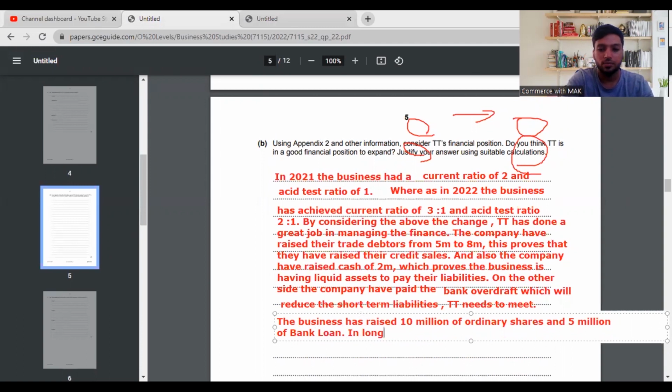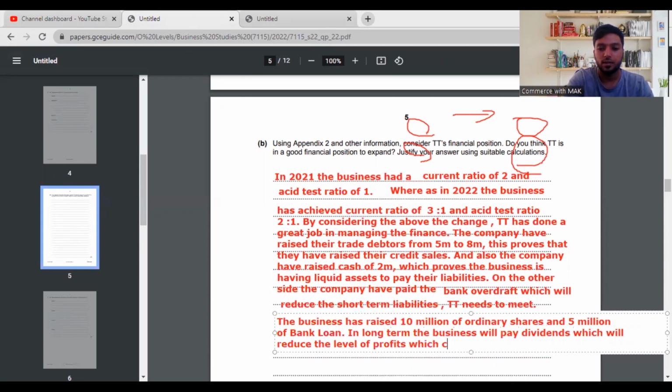In the long term, the business will pay dividends, which will reduce the level of profits which can be upheld under retained earnings.